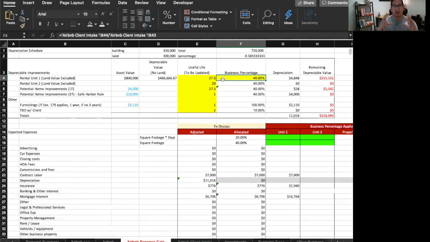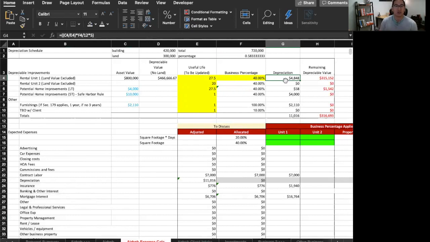So it goes back to, we've got this total pie of depreciation, and we can only take 40%. In this case, we take 40% of what would have been 466 divided by 27.5. That comes out to about 5K a year. So for this host, they're able to depreciate $5,000 per year against their income.